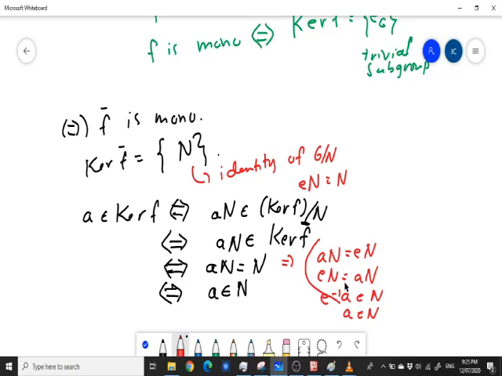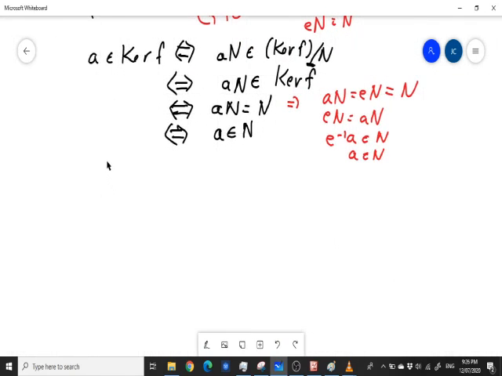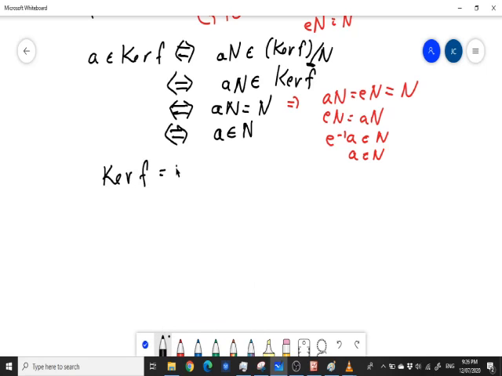So that's it. If an equals n, then a must be an element of n. So they are equivalent. So that means that you have just shown that the kernel of f is equal to n. Kernel of f equals n.